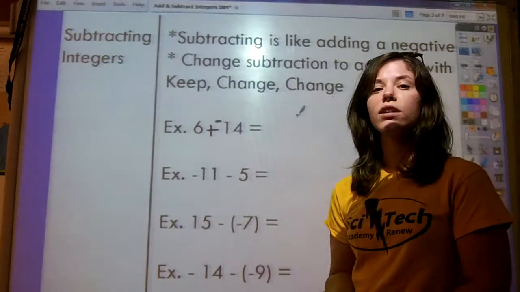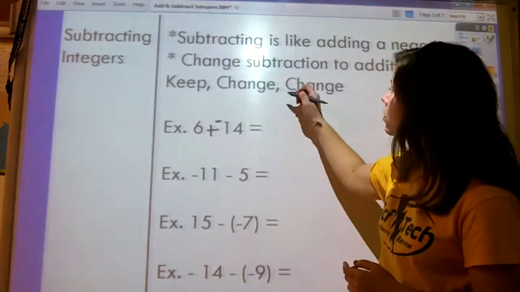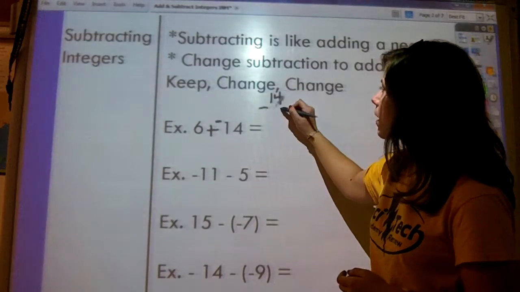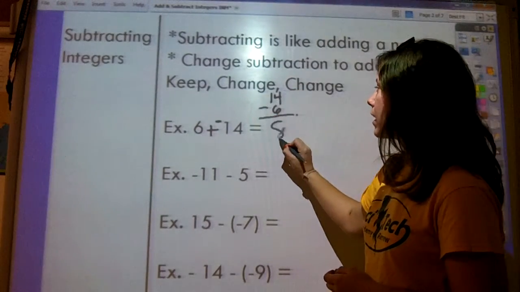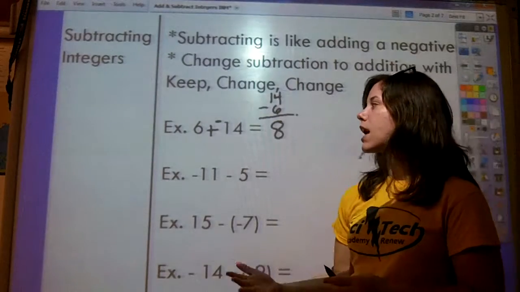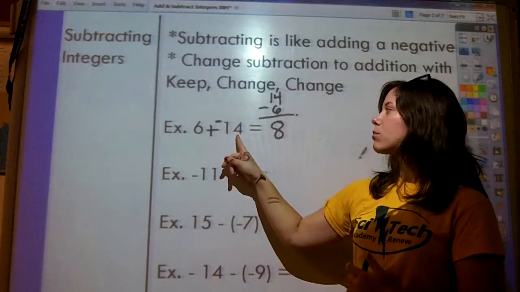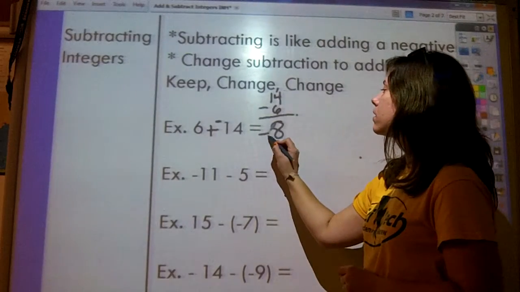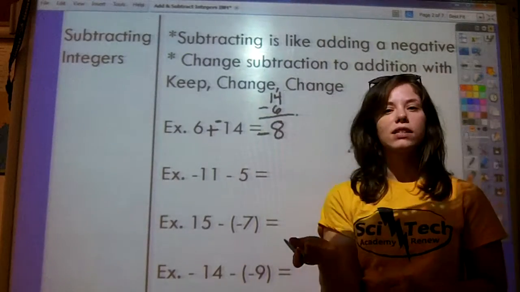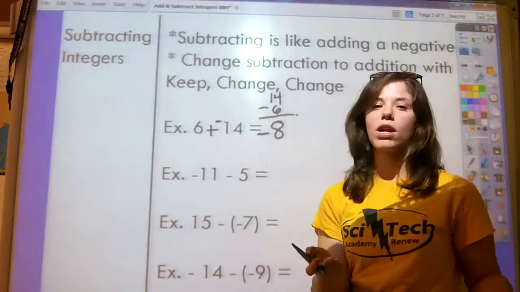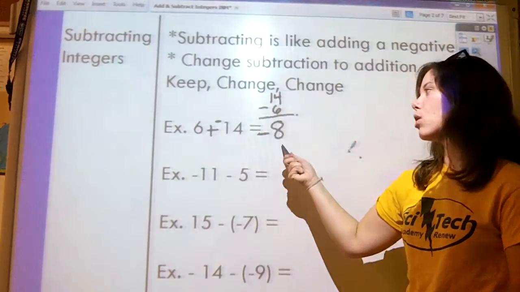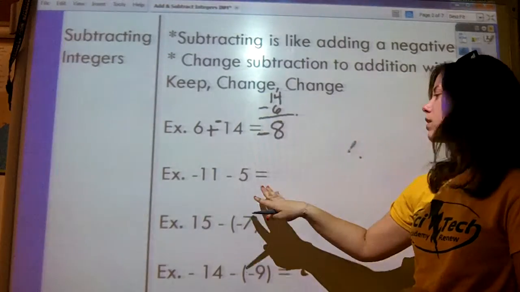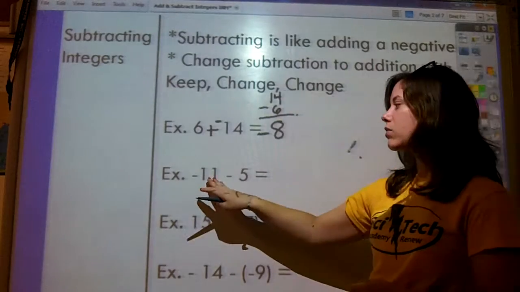My signs are different, so I find the difference. 14 minus 6 is 8, and I keep the sign of the greater number. The greater number is 14, and it's negative, so this is -8. You have $6 in your bank account, you swipe your credit card and spend 14, you owe the bank $8.